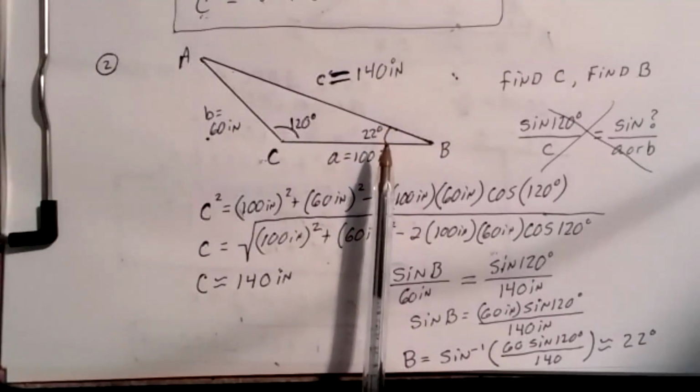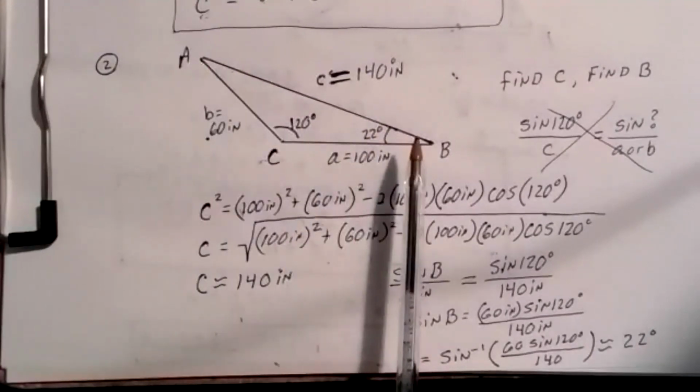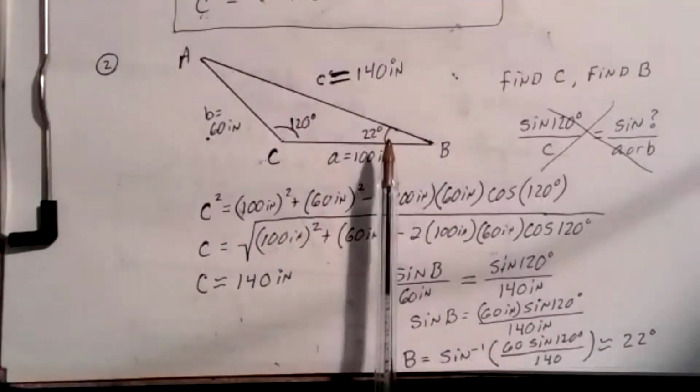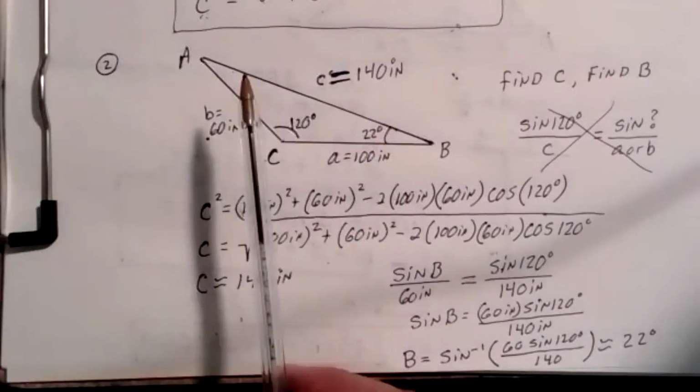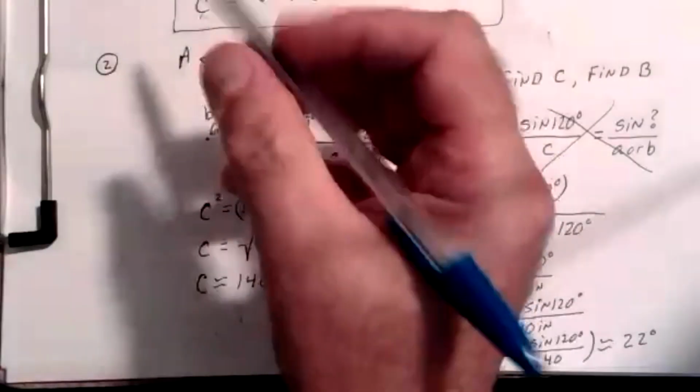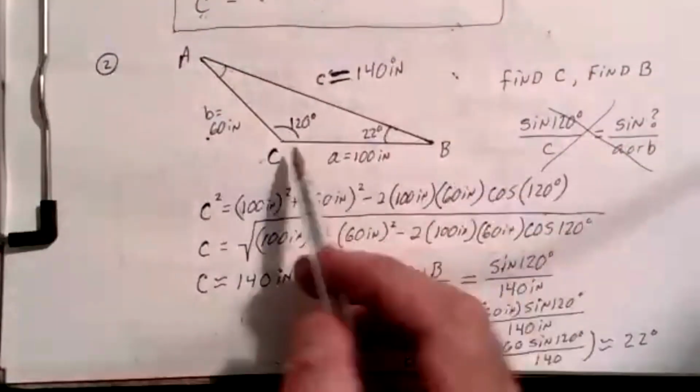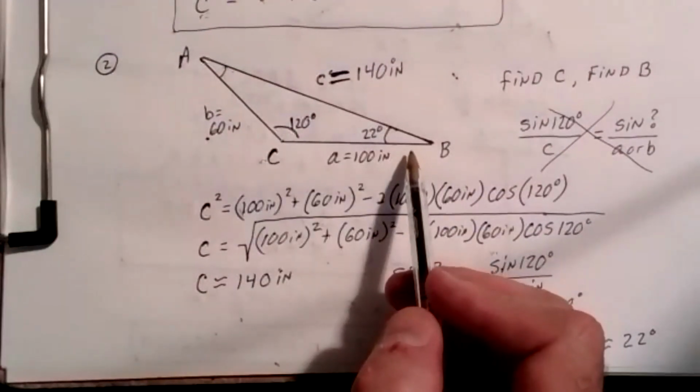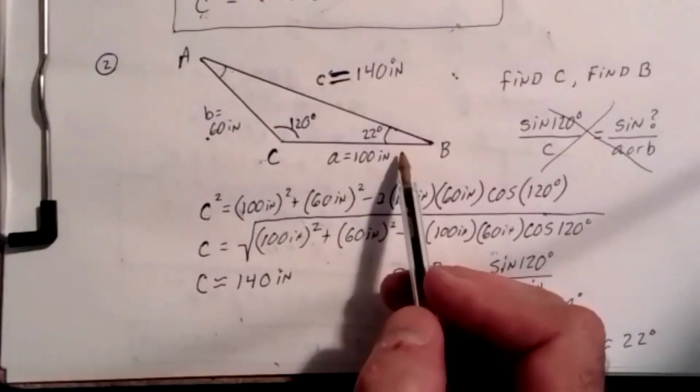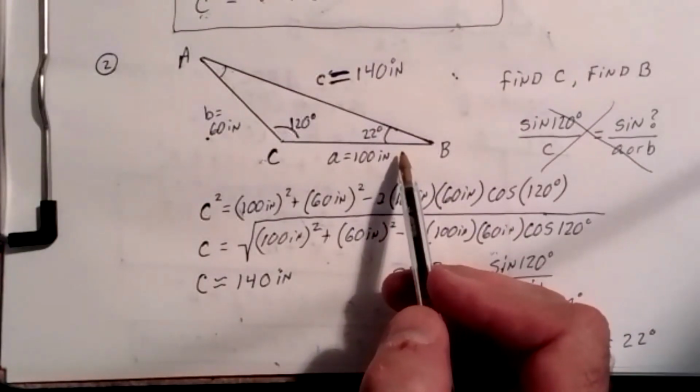We should find the smaller angle using the law of sines once we find side C using the law of cosines. That's why I opted to find angle B first, which is 22 degrees. Then angle A here would be 180 degrees minus 142 degrees. And 180 minus 142 degrees would be what?